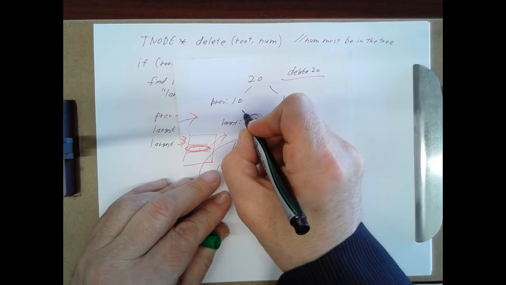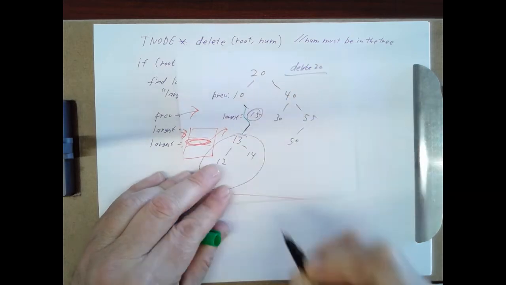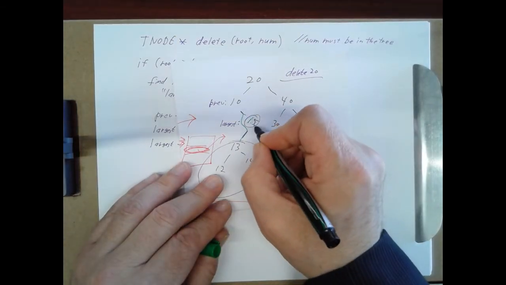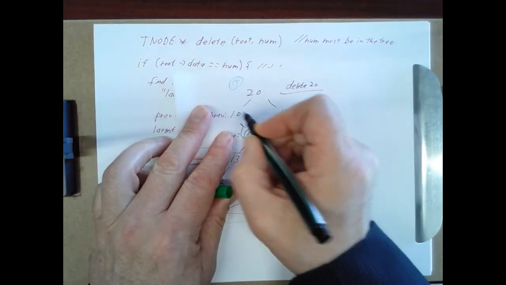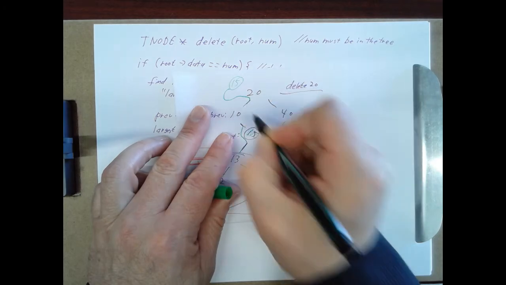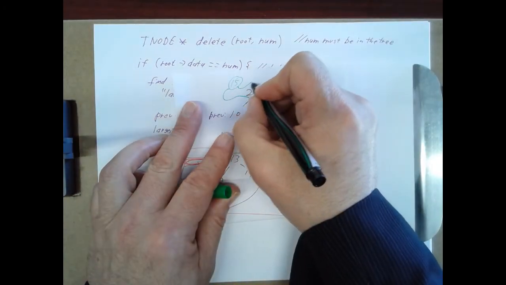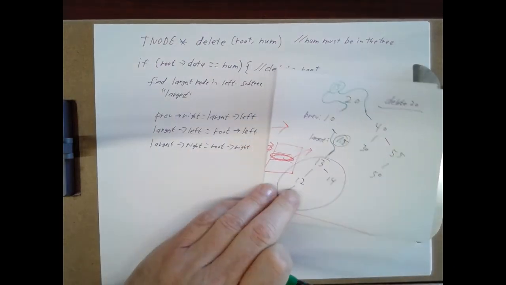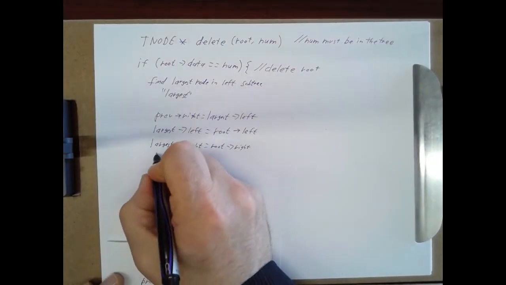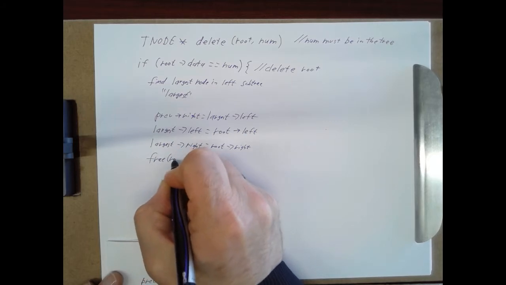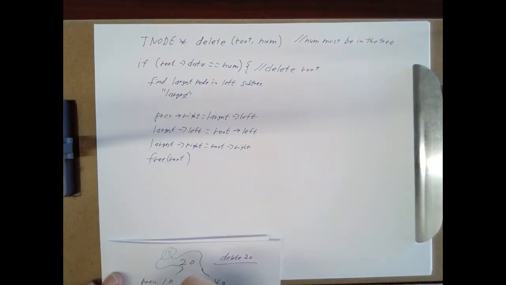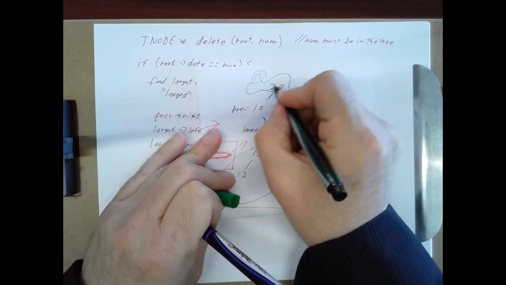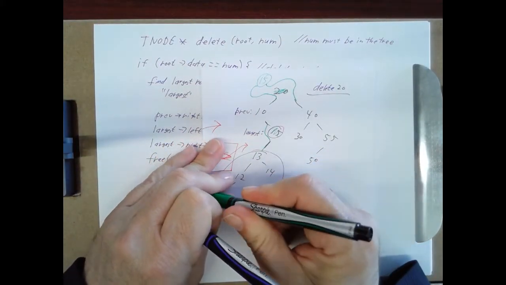Previous right is going to adopt 15's left child. And 15 is basically going to come up here to the root, so its left child will be root's left, and its right child will be root's right. And then we're going to free the root.